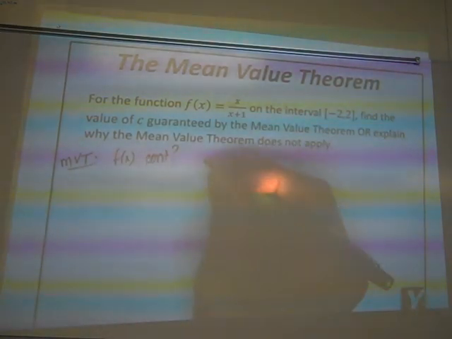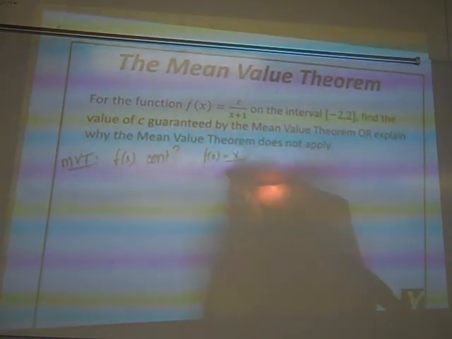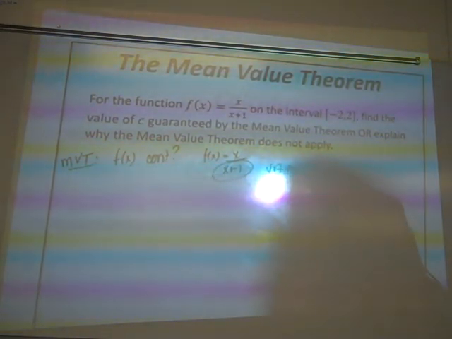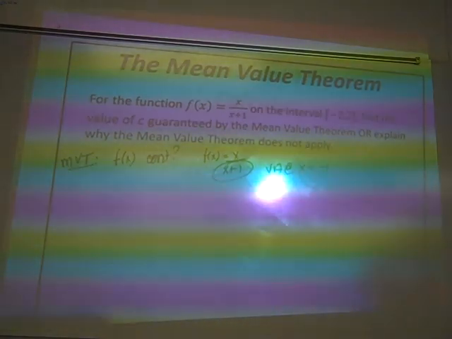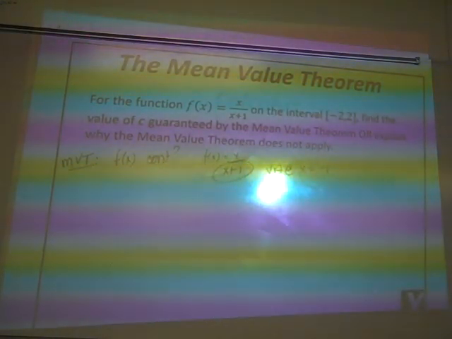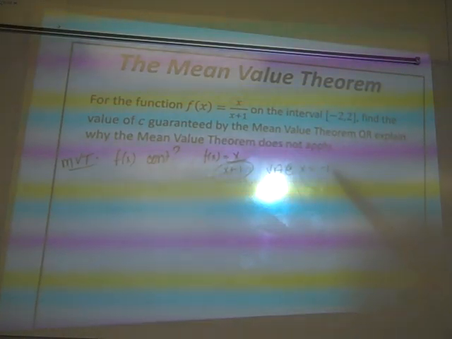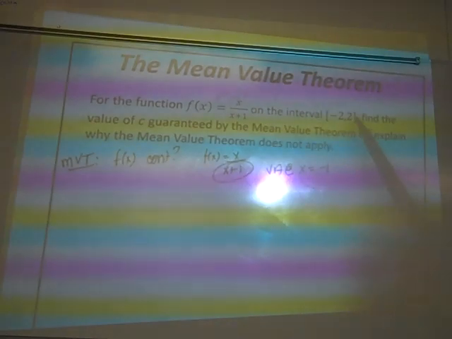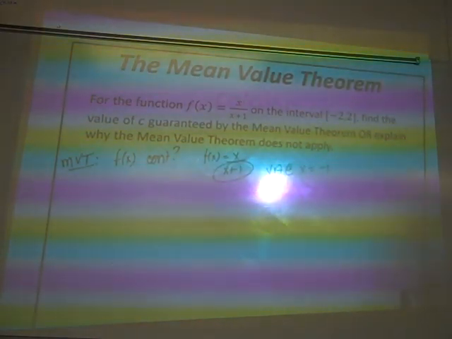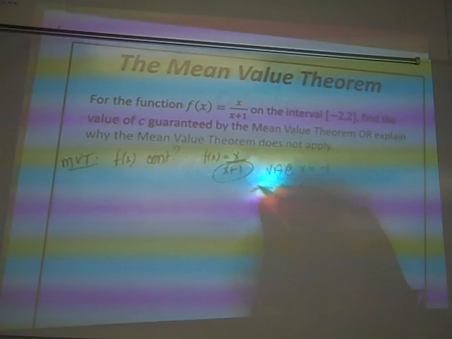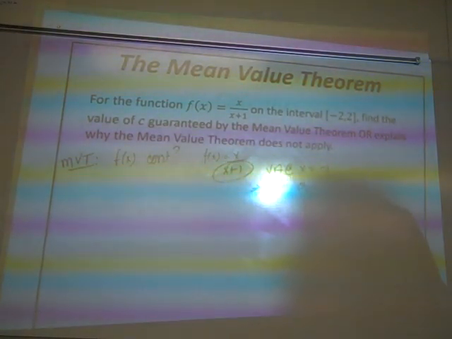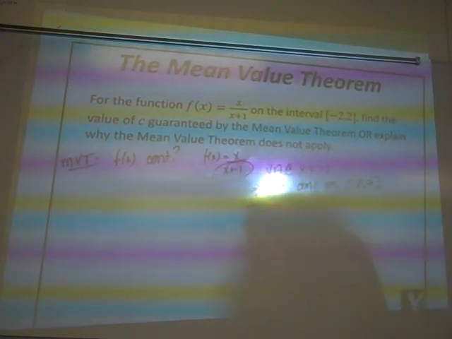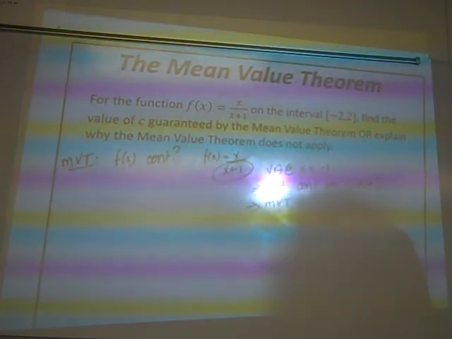Well, because it's a rational function, f of x equals x over x plus 1, there's a vertical asymptote at x equals negative 1. Since I have a vertical asymptote at x equals negative 1, the function is not continuous on the interval in question. So I have a vertical asymptote at x equals negative 1, therefore not continuous on the interval negative 2 to 2, which implies that the mean value theorem does not apply.